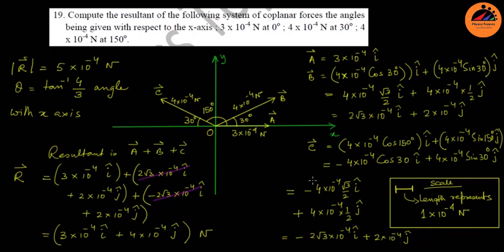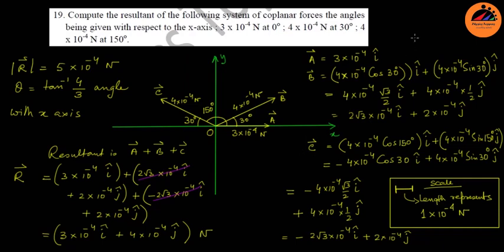Another point I want to mention, the c vector, you can also write it with x component as 4 into 10 to the power of minus 4 cos 30, but then you have to take the unit vector as minus j. It is directed minus j.